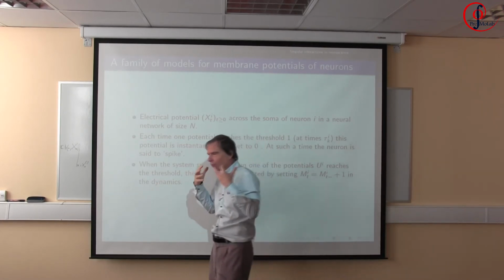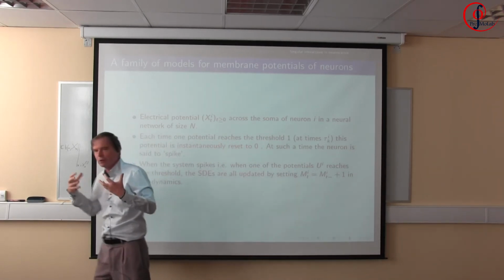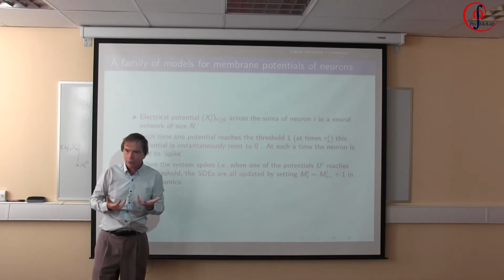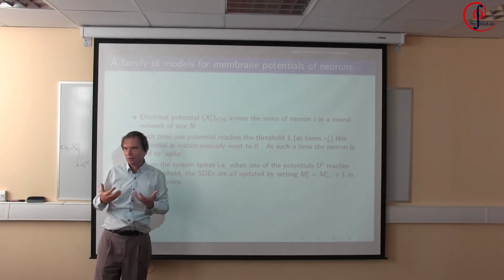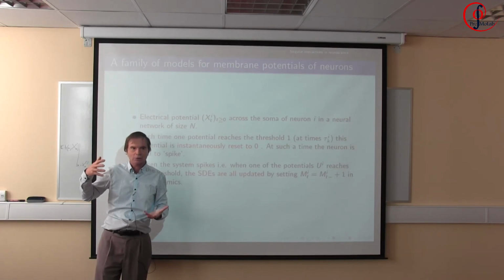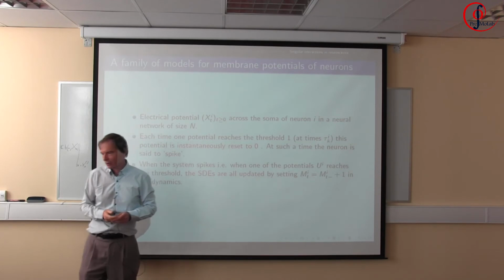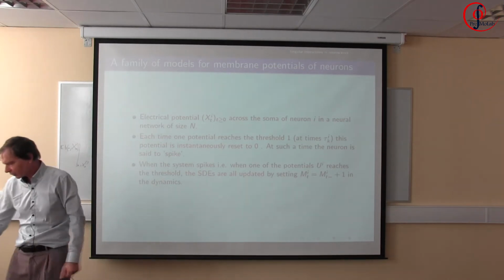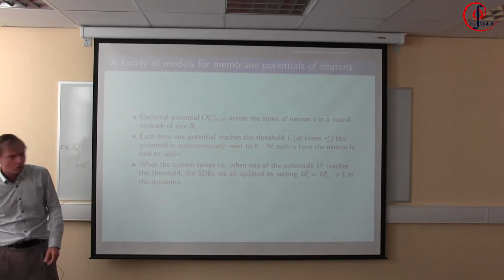But the main part of the information computed by the brain could be represented by the mean field limits, McKean-Vlasov dynamics I discussed in the preceding slides. Okay?